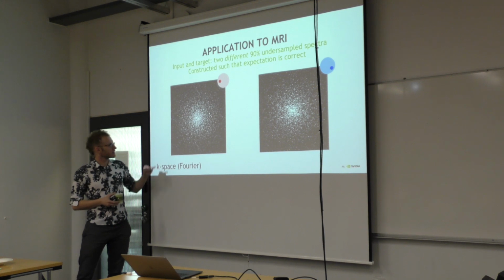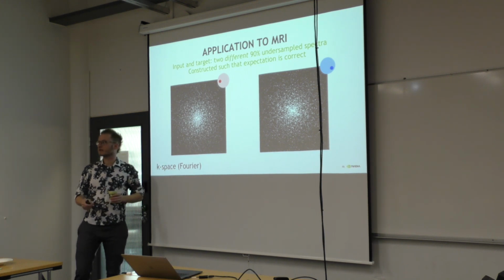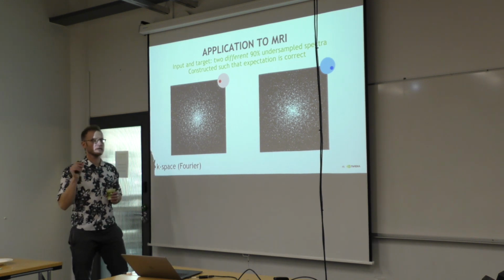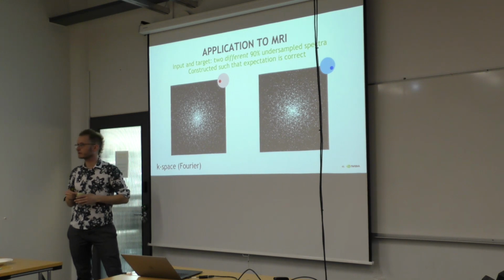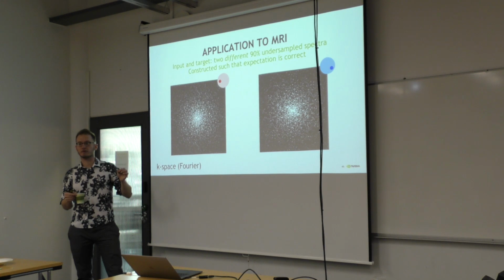The frequencies that we don't keep, we set their values to 0, and the frequencies we keep, we multiply by the inverse of the probability that we kept them. And so it means that the expectation of this process is actually the correct spectrum.